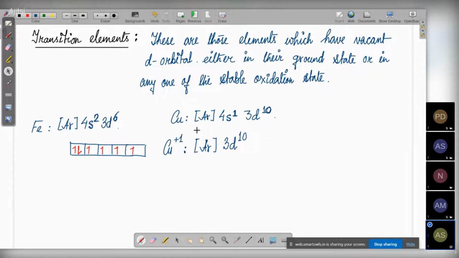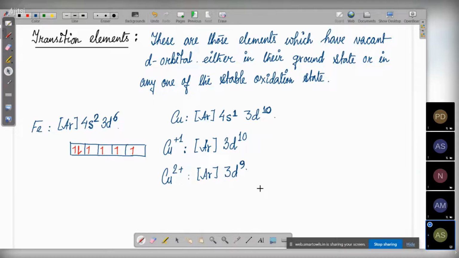So here also, for copper +1, there are 10 d electrons, no vacancy. But if we consider copper 2+, then the configuration will become argon 3d9.